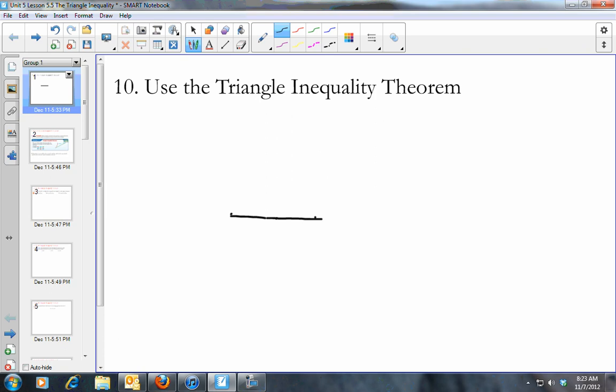It's a line. Now, as long as the 3 points are non-collinear, if I add the lengths of any two of those three sides, it's got to be greater than the length of the third side. That's why it doesn't work if they're collinear.